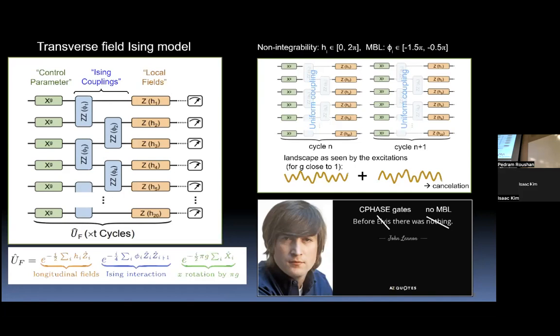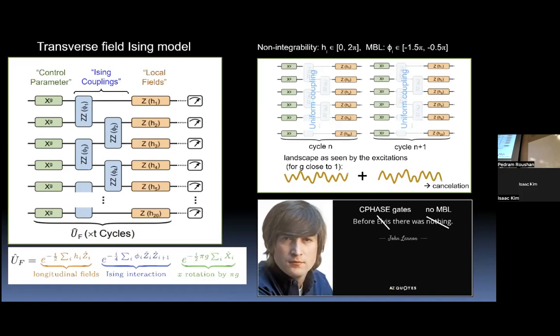You have qubits, you flip them, and they see a disordered landscape. You flip them again, let's say G is close to 1, and they see a disorder, but the disorder in the eyes of the qubit looks totally inverted because now they're upside down. So after two cycles, the disorder and its exact opposite would cancel each other out.